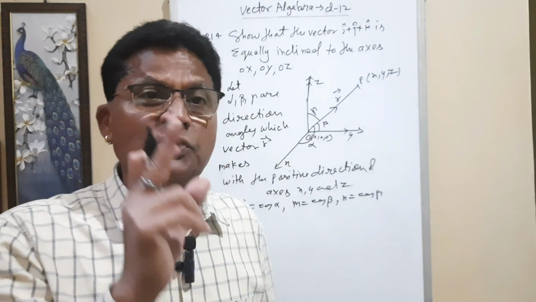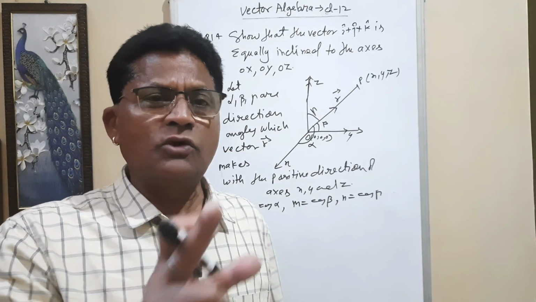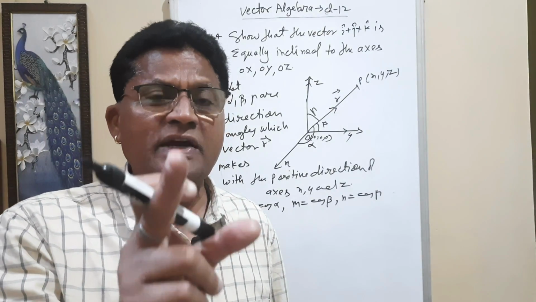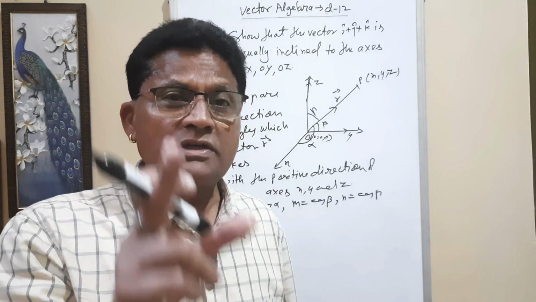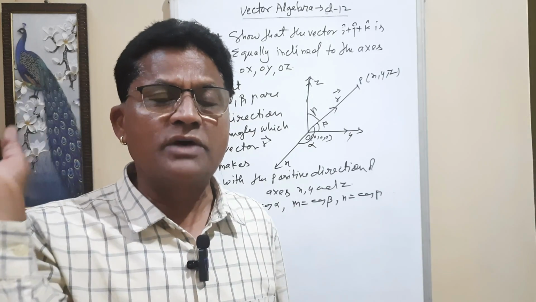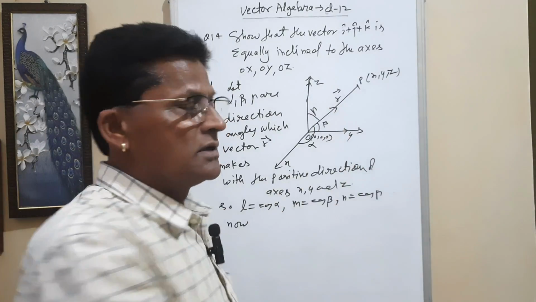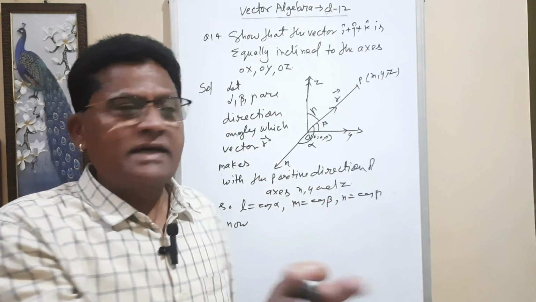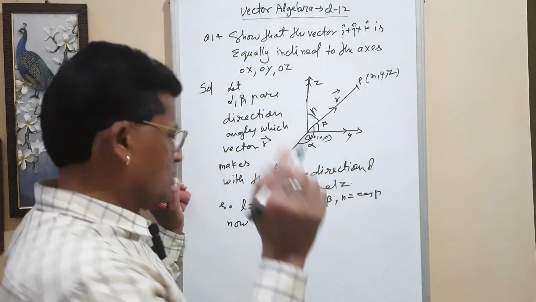Let me find the unit vector in the direction of the vector R. First of all I will find the unit vector, because without the unit vector you cannot find the direction cosines of the vector. That is why see carefully. The unit vector in this direction, formula I told you.